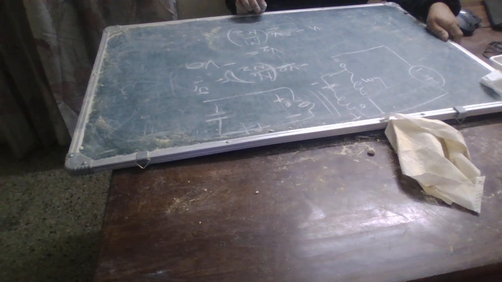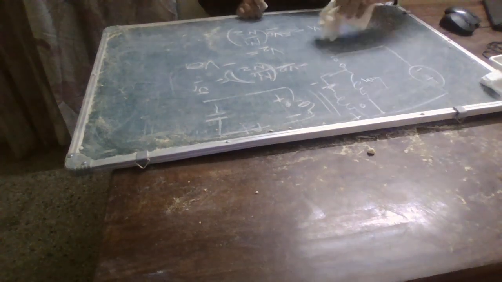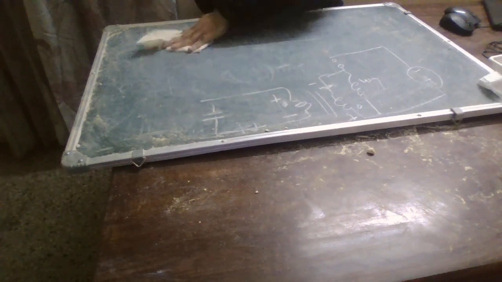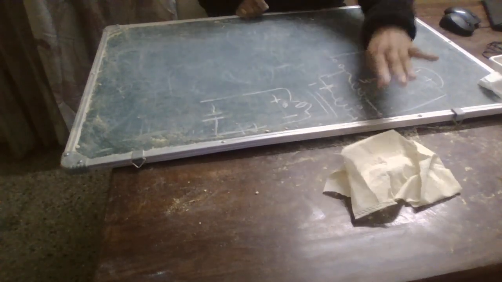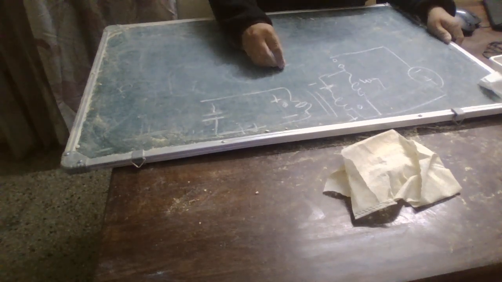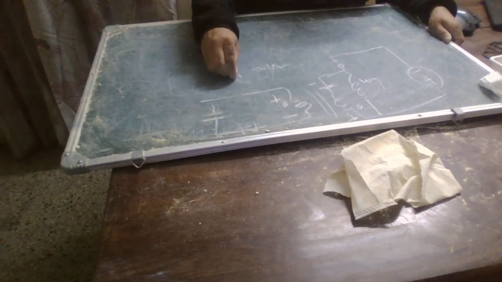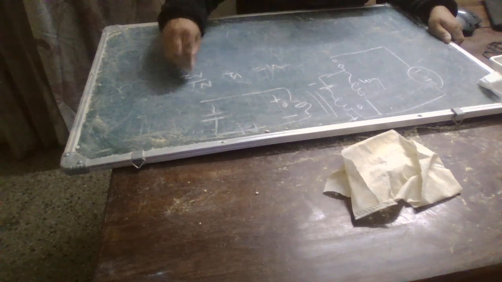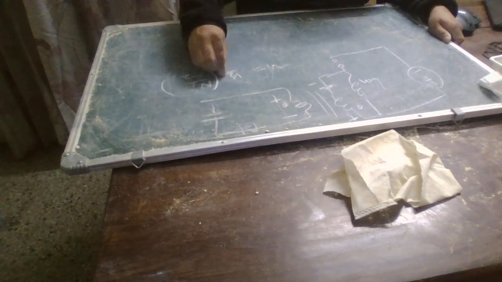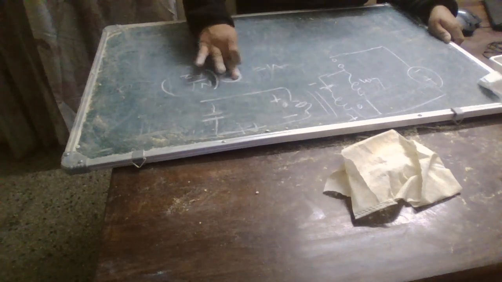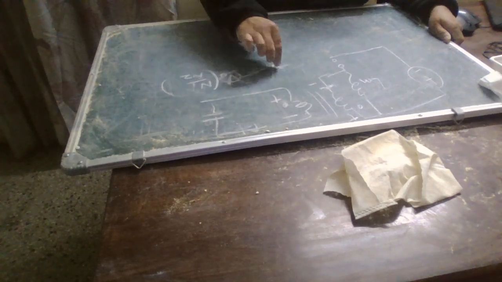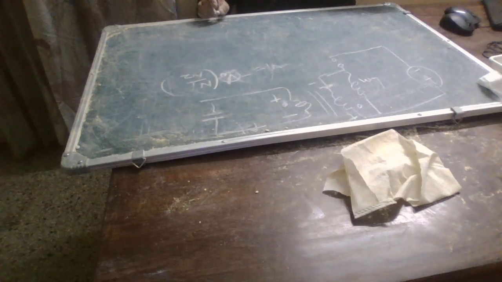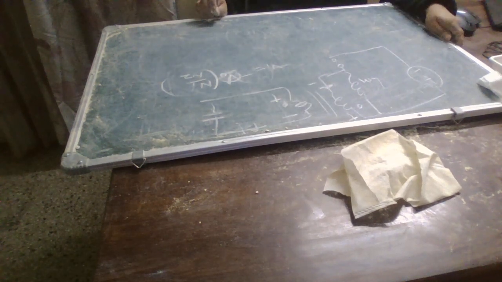So let's take the magnetizing inductance also. Let me just repeat it, because we know that V1 is equal to V2 N1 upon N2, and as our V2 is basically equal to minus V0, this V1 is minus V0 N1 upon N2.